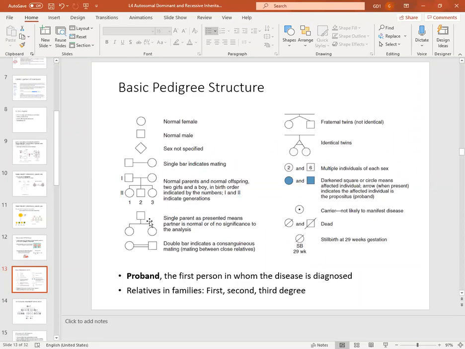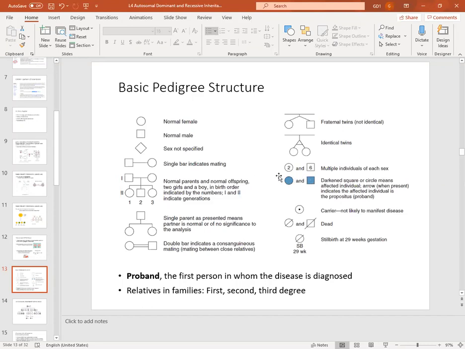The double bar indicates close mating, between a sister and brother in the same family, or closely related individuals. This is a twin, non-identical, and this is an identical twin. We also minimize symbols in the pedigree, using one symbol for multiple individuals of the same sex in a family.